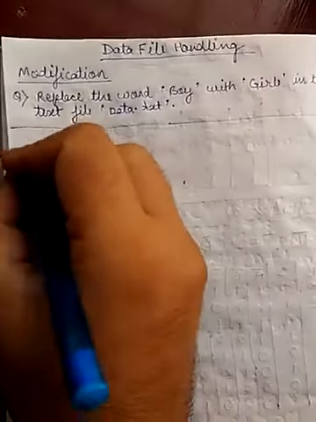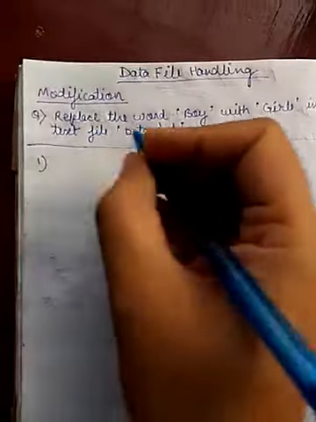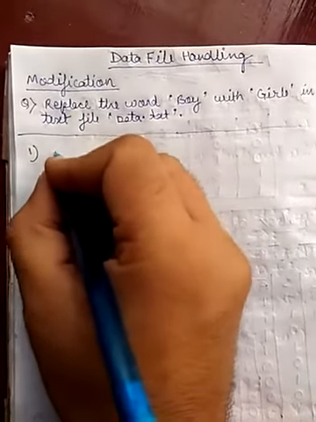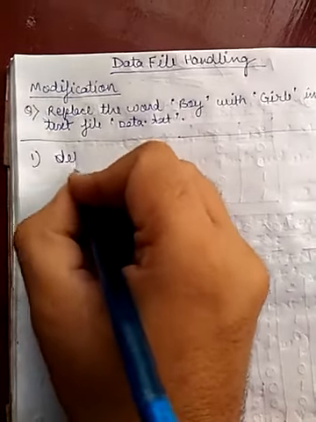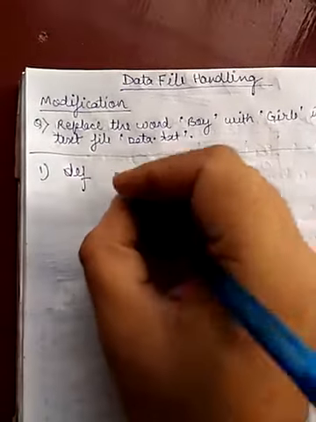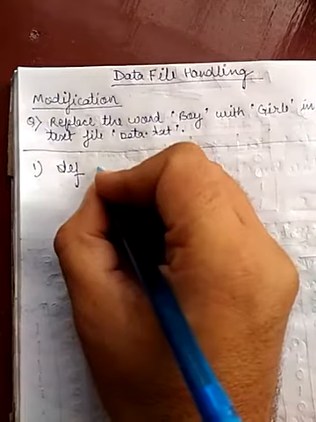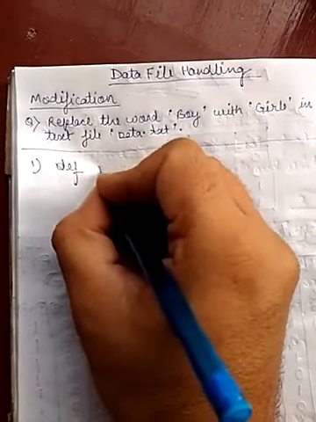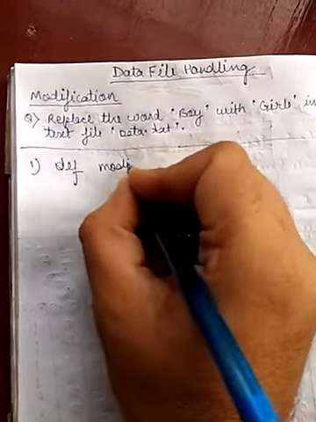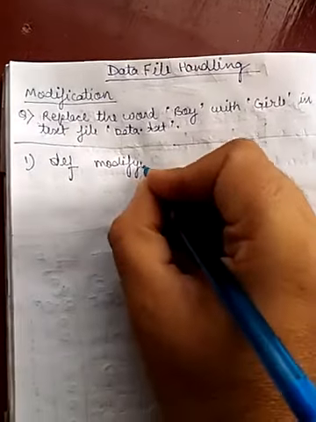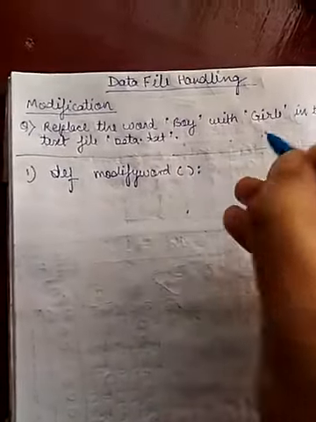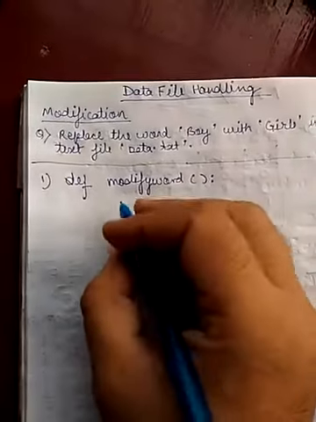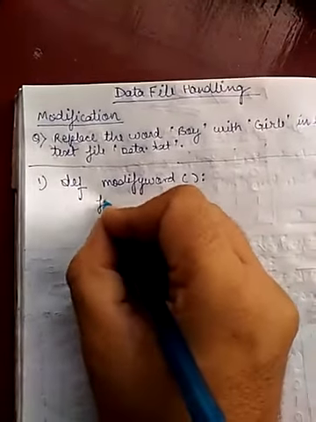So first, def modify word. Let us make a function modify word in which first we are opening the file in reading mode.